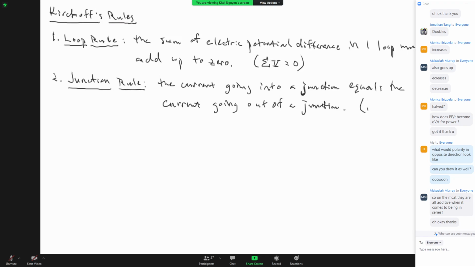Simply, current in equals current out. And the junction rule is just the shorthand way of saying conservation of charge. The same amount of charge that we have going in equals the amount of charge that we have going out. So let's take a look at Kirchhoff's loop rule by looking at things in series, okay?